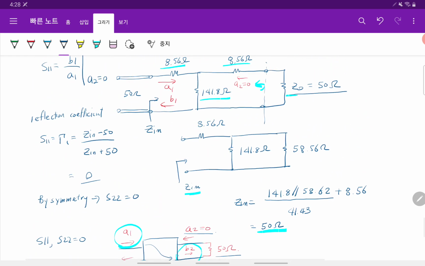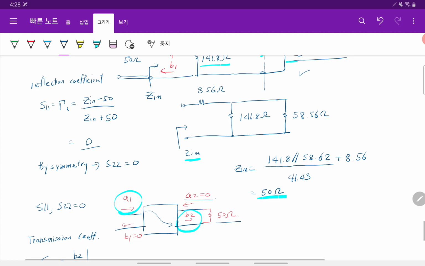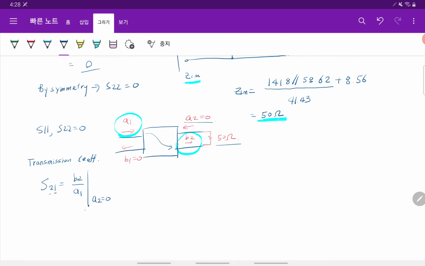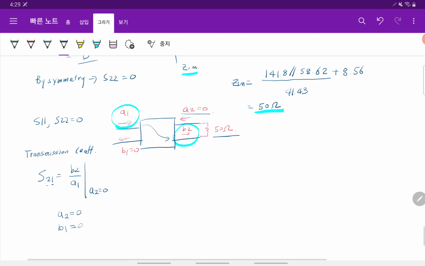So we can start from this. When this 50 ohm is connected, as I said, A2 is 0, and then B1 is also 0, right? Because this is 50 ohm, so there is no reflection. B1 is 0.